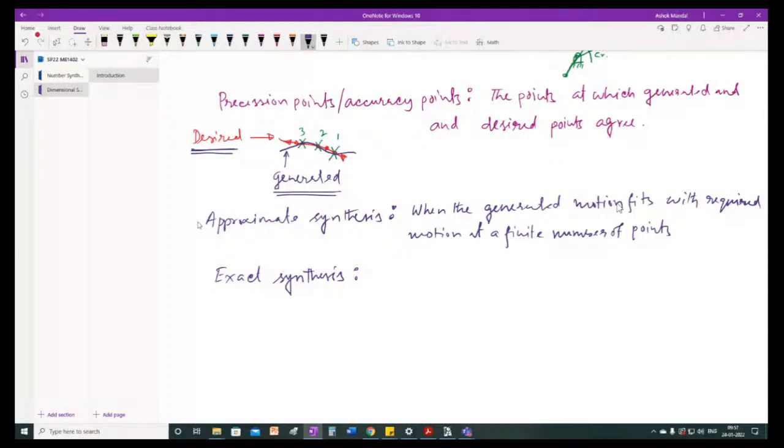And obviously that is an approximate synthesis problem. So we'll start with motion generation, three position synthesis.